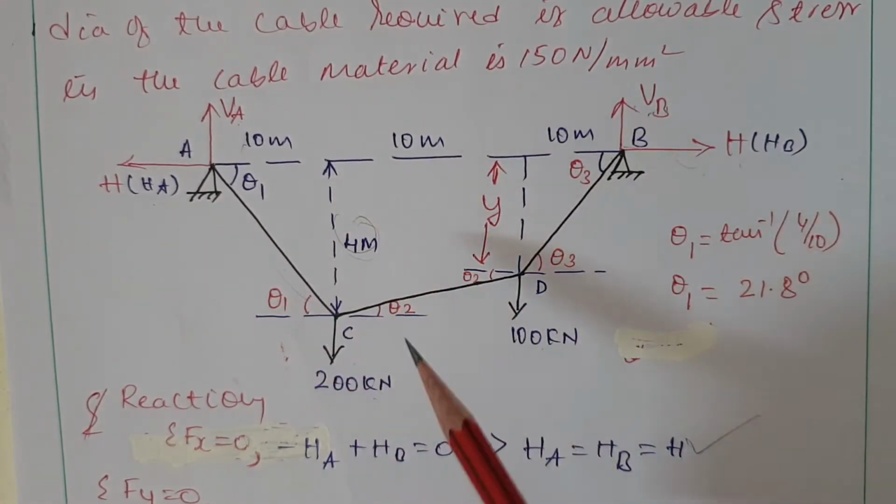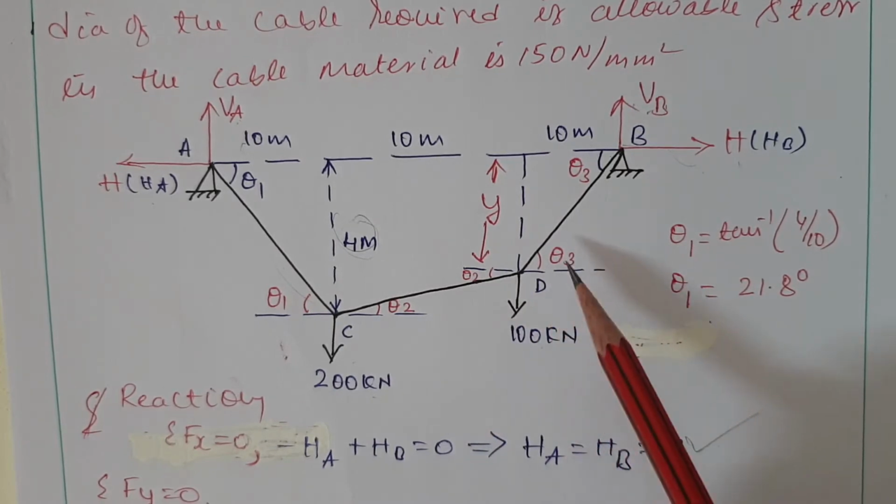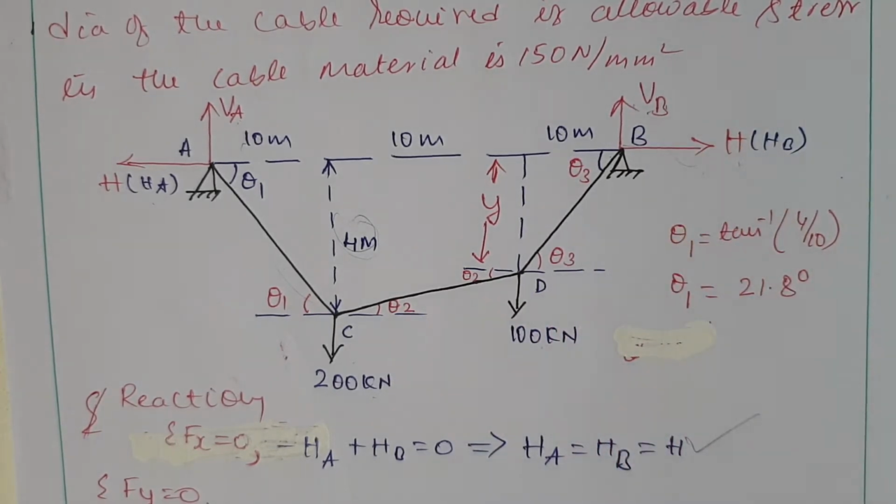After finding the reactions, the bit difficult part is to find the tension in each segment: A to C, C to D, and D to B. These are the segments of the cable, supported at points C and D, which are nodes or joints. We have to find the member forces in each segment.